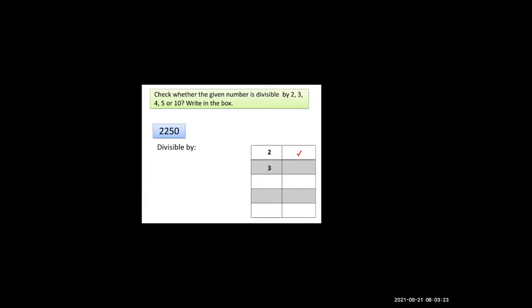Now, let us check it by 3. All of you just add all the digits of this number and check whether it is divisible by 3 or not. Ritu, unmute your audio. Tell me whether this number is divisible by 3 or not.